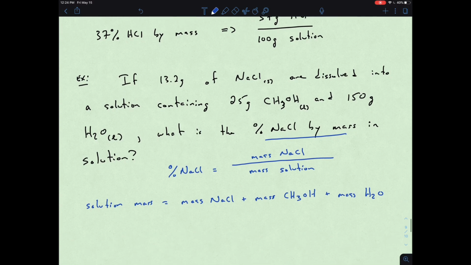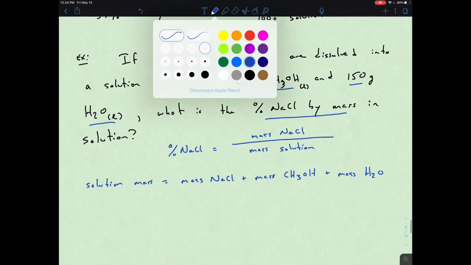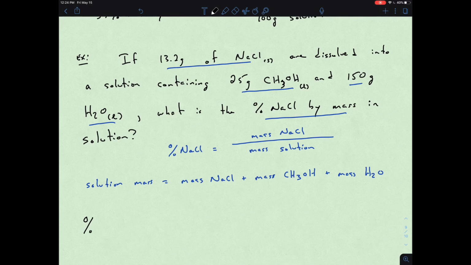We know the mass of our sodium chloride, our methanol, and our H2O.